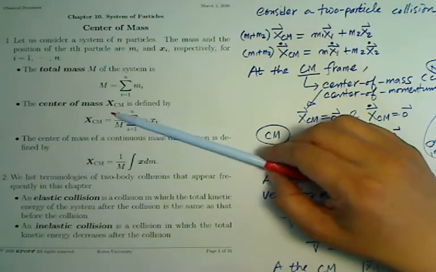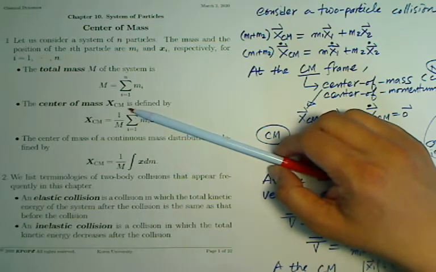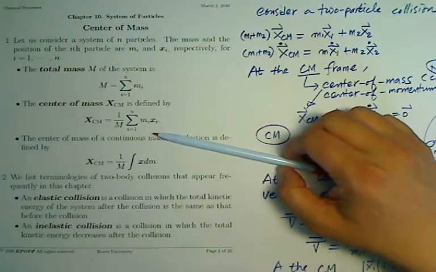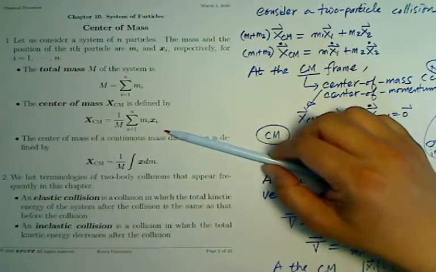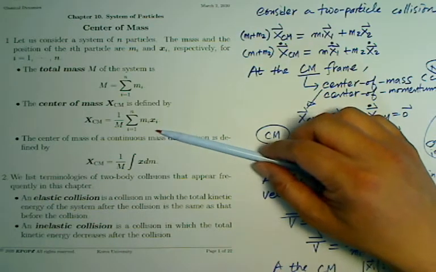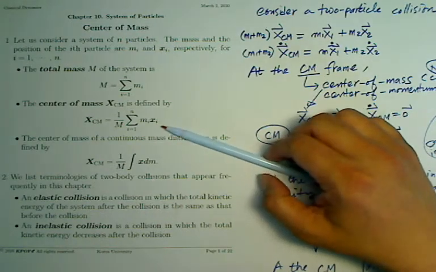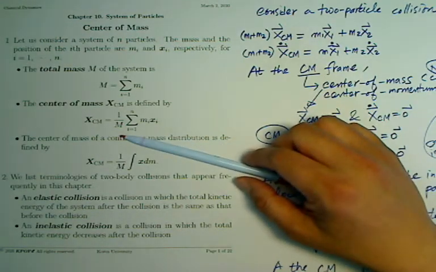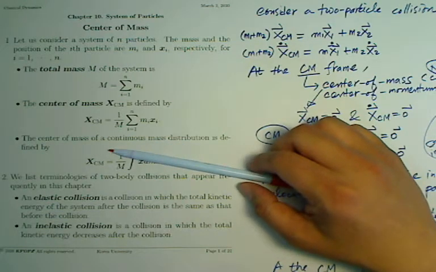Right? The center of mass, xcm, of the system of particles is a weighted average of the position with the weight of mass. So product of mass and position summed over all particles and divided by the total mass, capital M, is the center of mass.